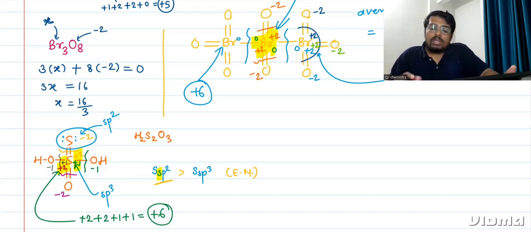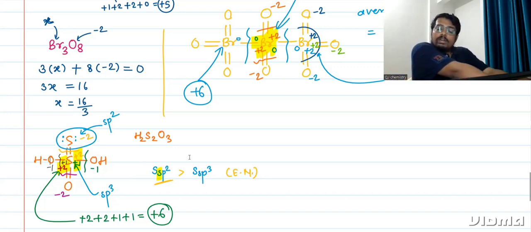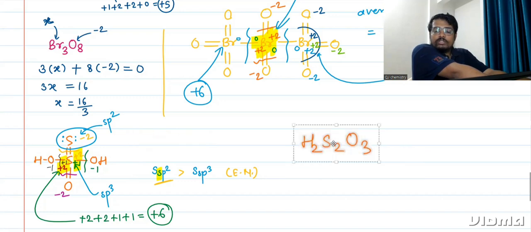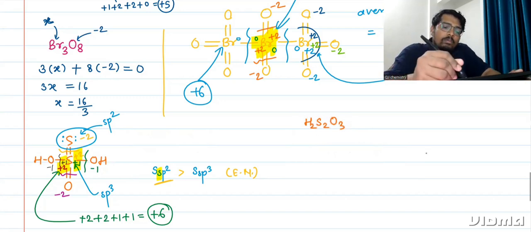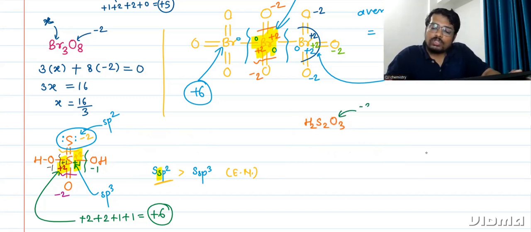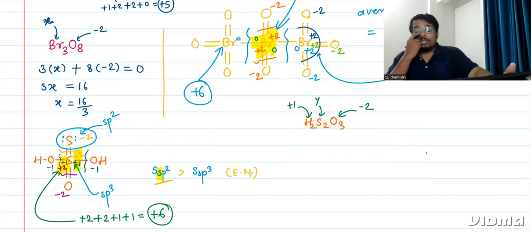Let us now calculate by using the rules of oxidation state calculation. We know that the oxidation state of oxygen is equal to minus 2. The oxidation state of sulfur, let us consider it is Y. The oxidation state of hydrogen is equal to plus 1.